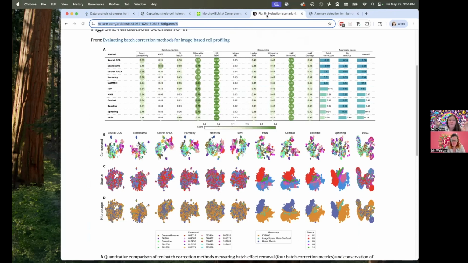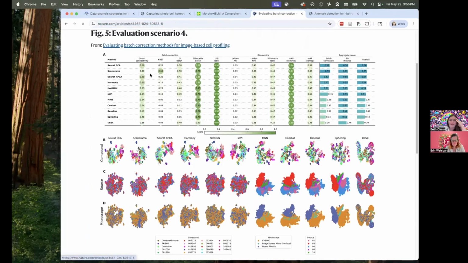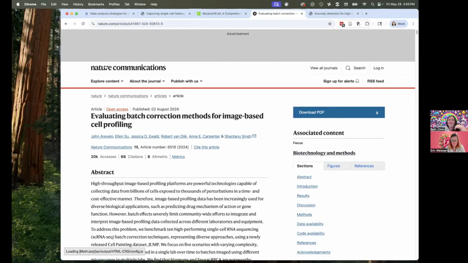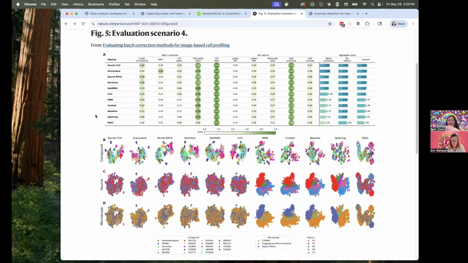PCA is one way of doing it. This is from the Arevalo et al. batch correction paper. There they just said, let's try a bunch of different batch correction methods. We will do feature selection, but then we will either essentially do nothing to the features, or do sphering on the features, where we try to remove some of the variance, or do a lot of different transformations, some of which are reversible and algorithmic, and some of which are deep learning transformations.